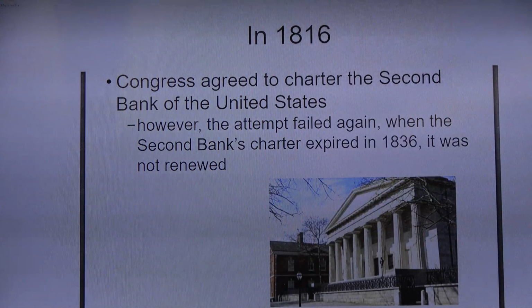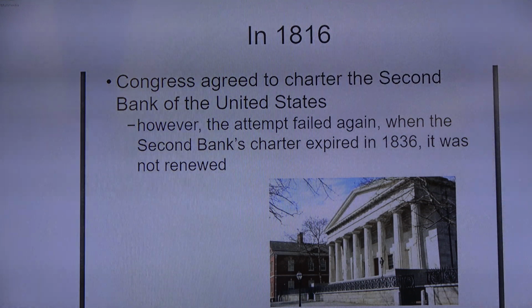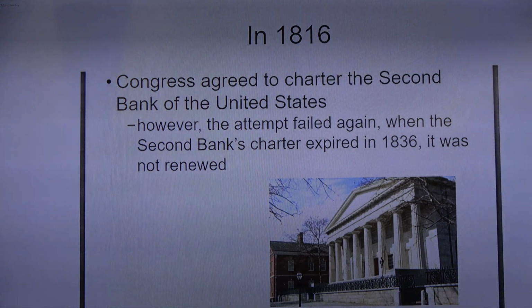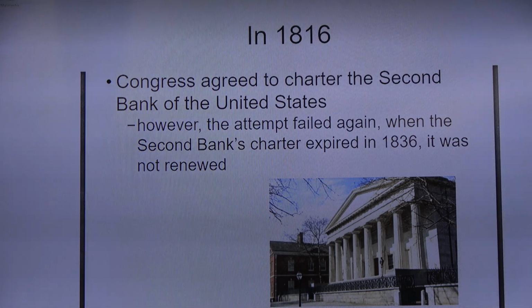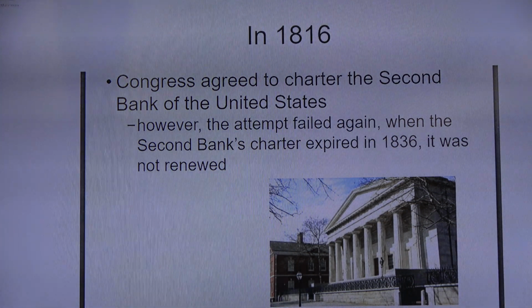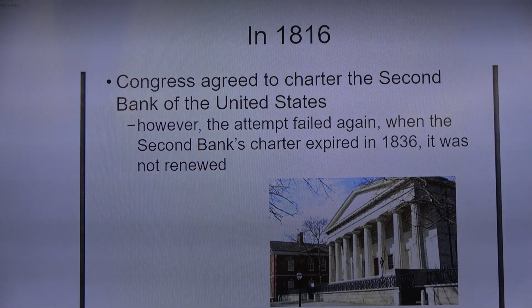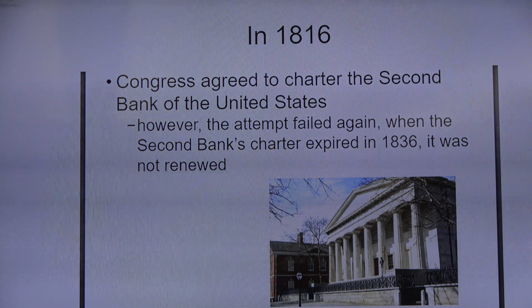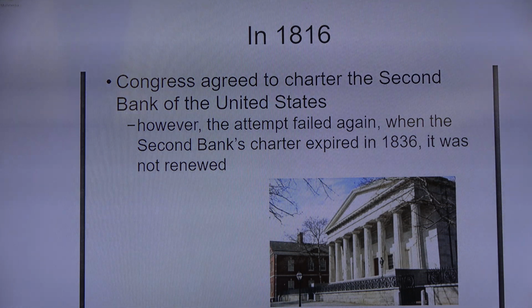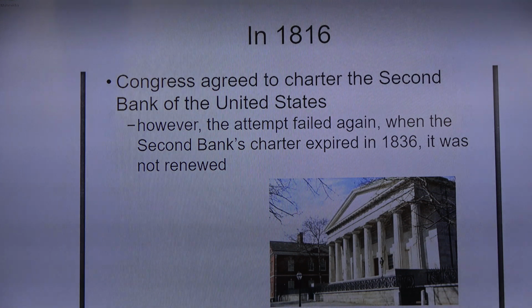So then in 1816, Congress agreed to charter the Second Bank of the United States. So they're going to try again. This attempt also failed. When the second bank's charter expired in 1836, it was not renewed. They were trying to have a central bank, but the people just didn't trust it, and so it eventually failed.